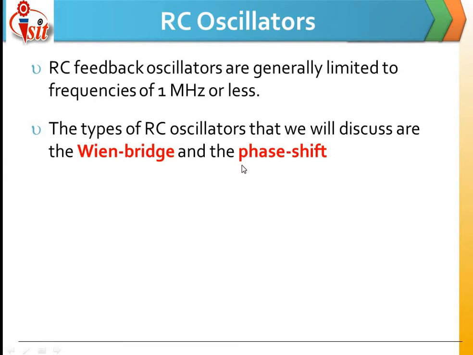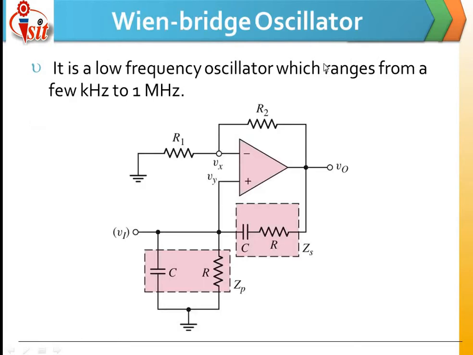The frequency generated by these oscillators is a maximum of 1 megahertz or less. Then, the Wien bridge oscillator.